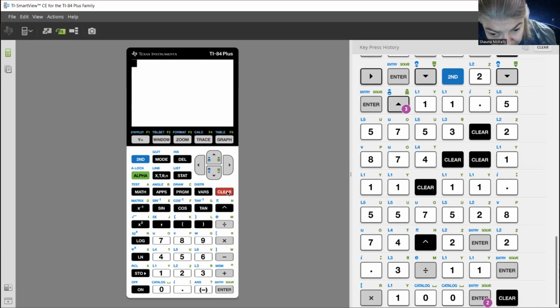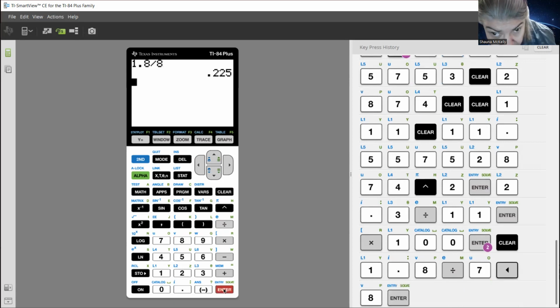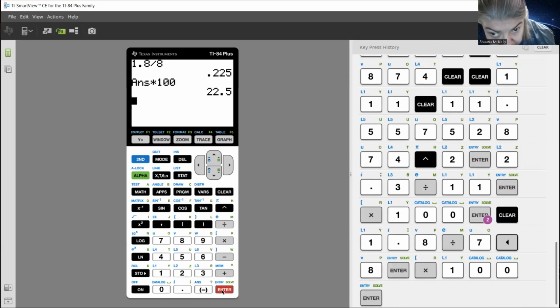So then for the factory workers, we get 1.8 divided by 8. That's 0.225. We multiply that by 100. And yes, you can do this all in one step. I just want you to see this is 22.5%.